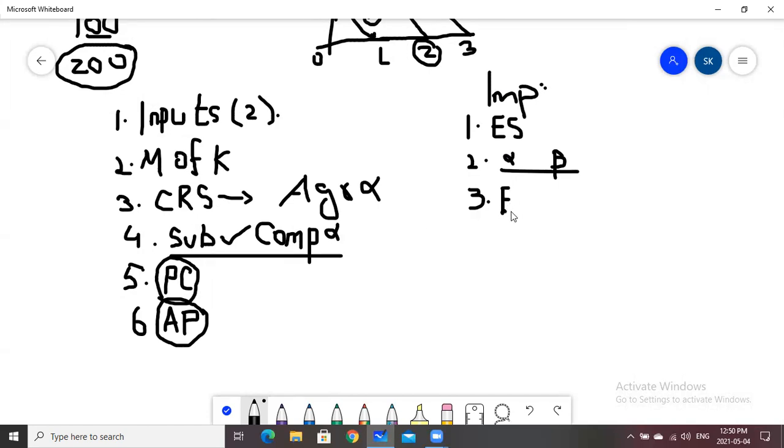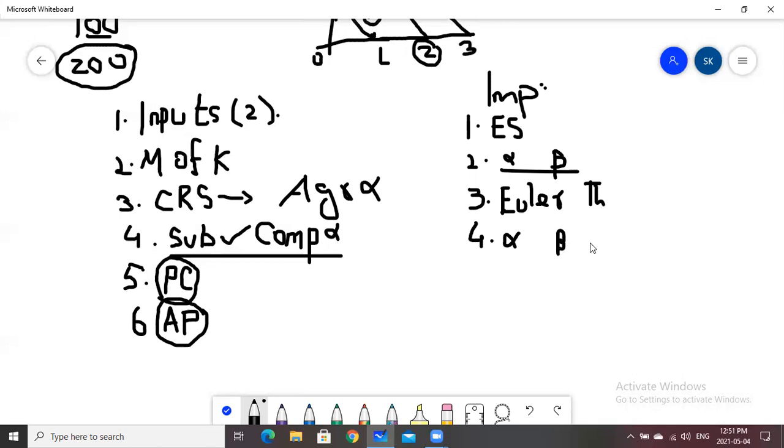A very important property again: Euler's theorem is proved through the Cobb-Douglas production function. We have studied Euler's theorem in detail. Now the fourth one is that its parameters alpha and beta represent the elasticity coefficients that are used for intersectoral comparisons. They represent the elasticity coefficients.